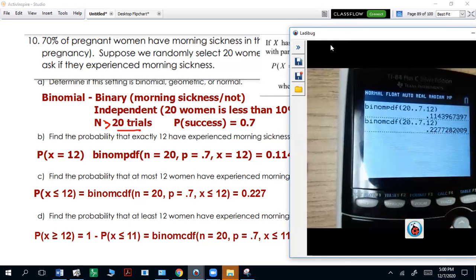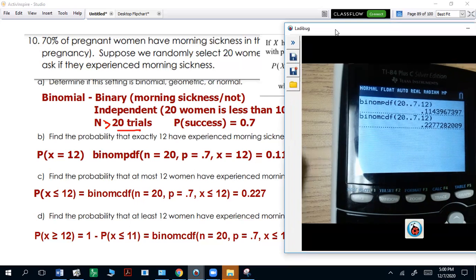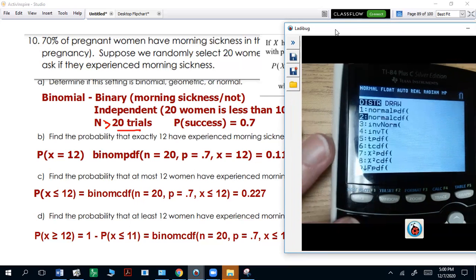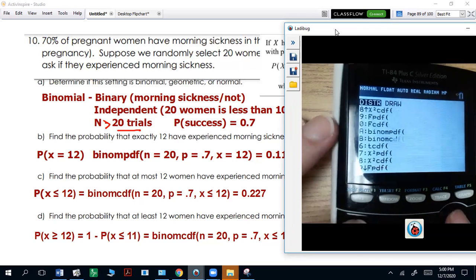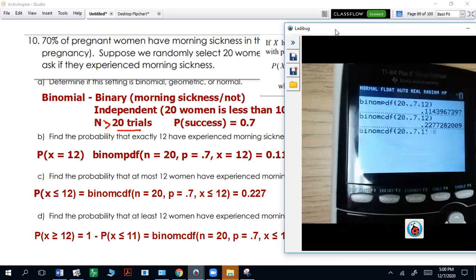And then finally for D, the probability that at least 12 women have experienced morning sickness. At least 12 is greater than or equal to 12, which is the complement: 1 minus the probability of less than or equal to 11. So we want to do binomial CDF with 20, 0.7, and 11, and that's going to count everything at 11 or below.